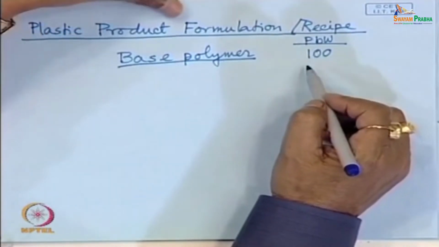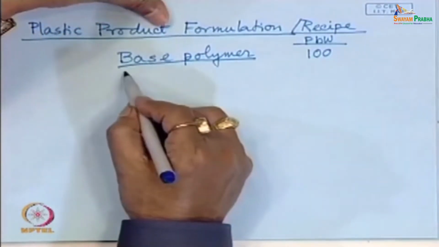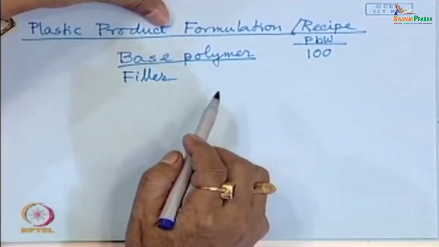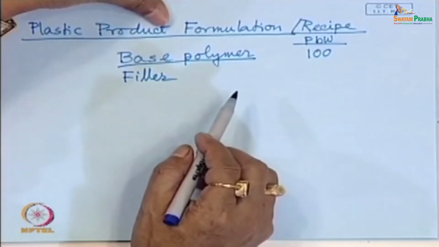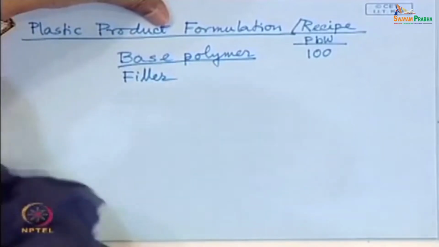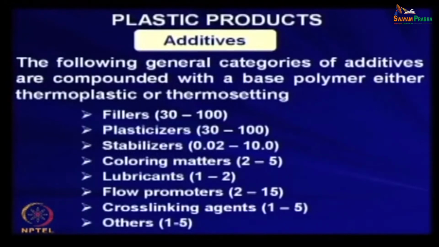Then corresponding to that base polymer, what is the amount of filler? That again depends on the type of product you are going to make. Here on this screen you see there is a range of amount shown, 30 to 100, even less.